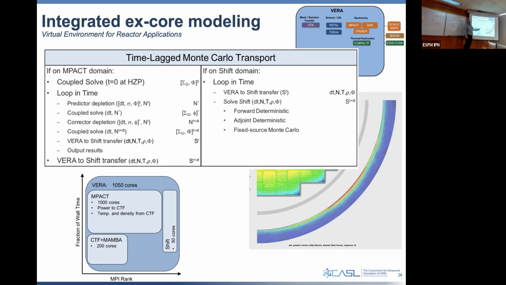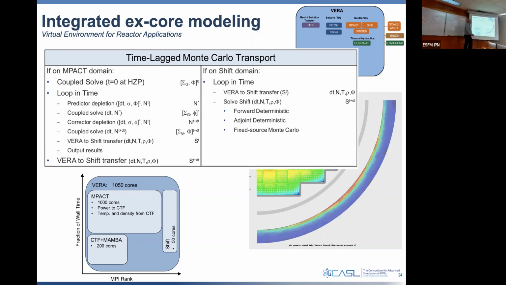I'm ready to start again. And so Shift was always waiting to receive the data. Once I receive it, I'm going to start using my processors to go through that fixed source calculation. And so for the cost of going from 1,000 to 1,050 cores, you get not only the full reactor physics calculation with the CRUD and all that other detail, you also get the ex-core irradiation of the pressure vessel information as well.